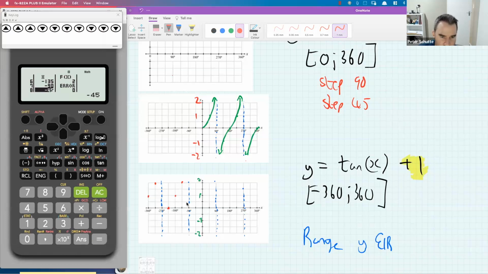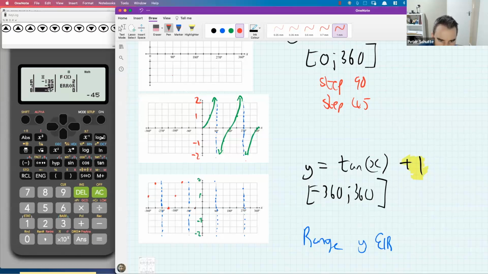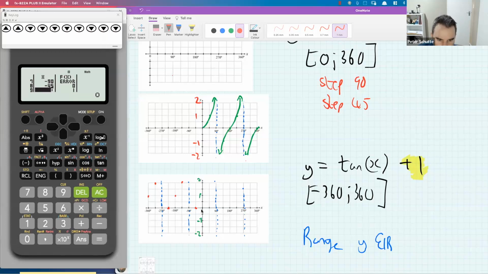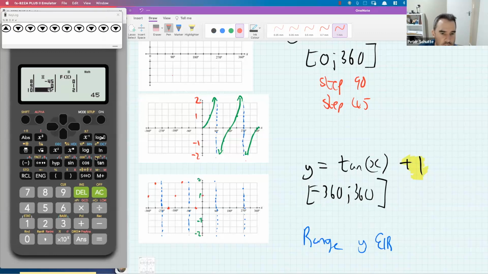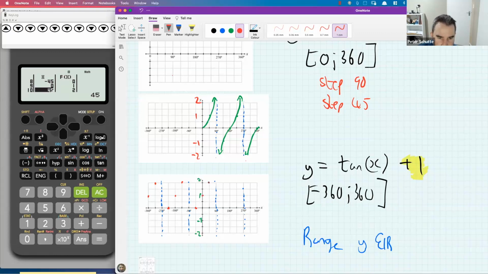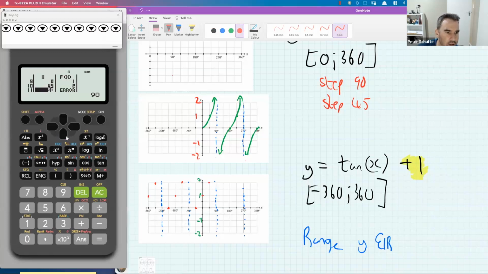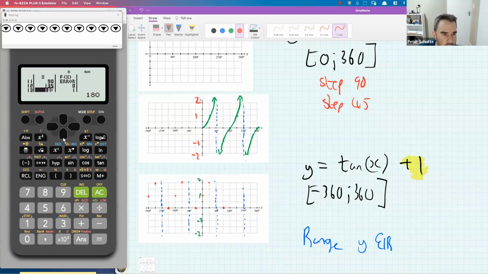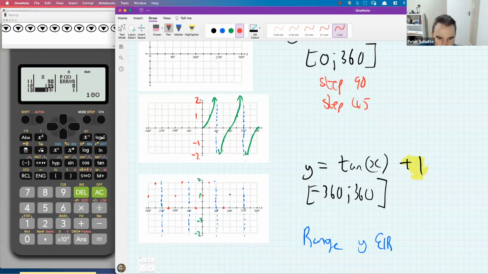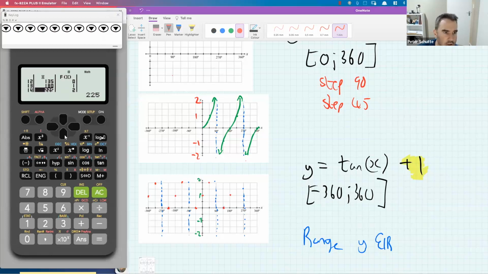Minus 45 is at 0. Zero is at 1. 45 is at 2. 90 is an error. 135 is 0. 180 is 1. 225 is 2.